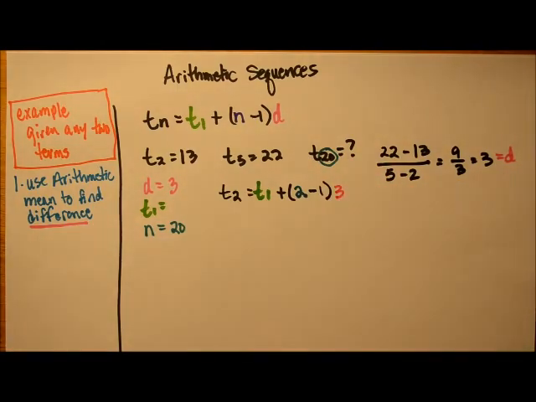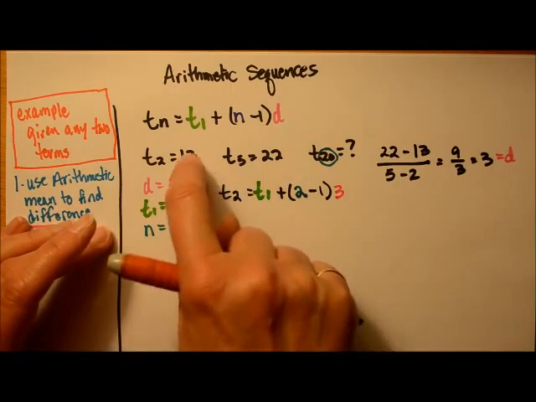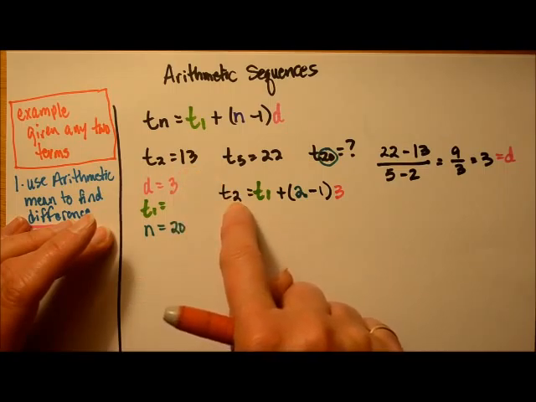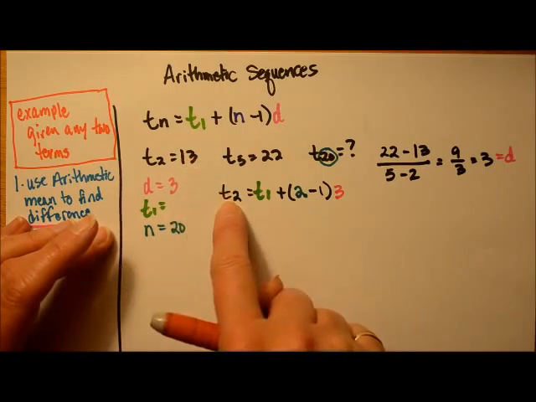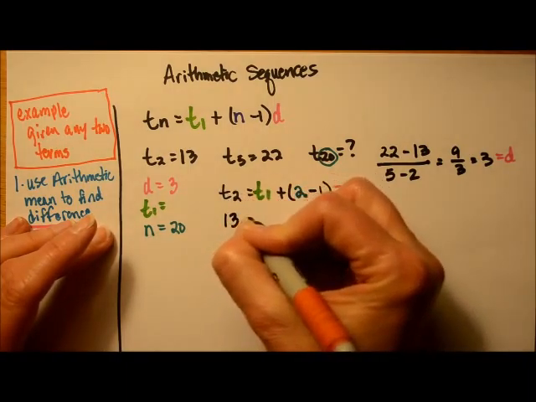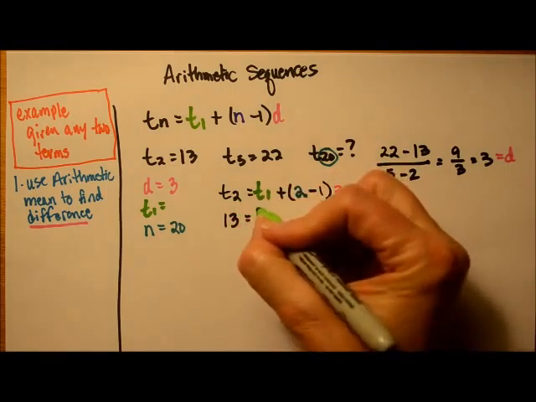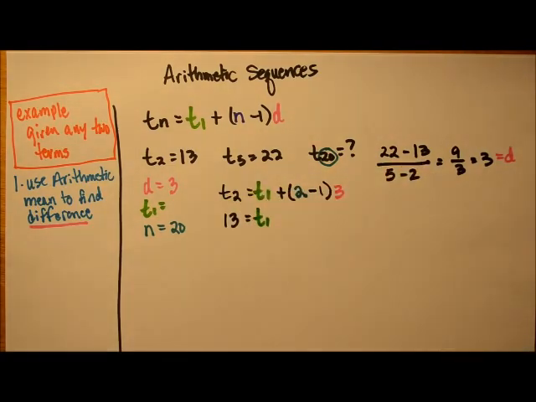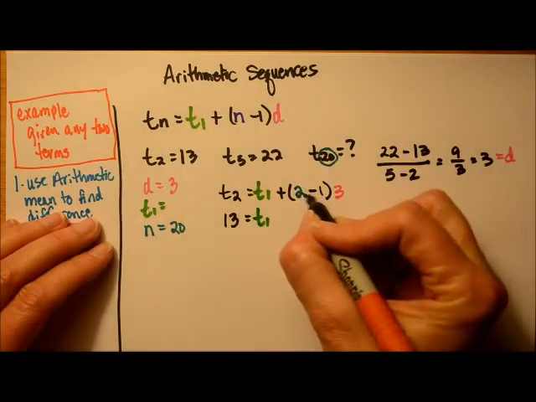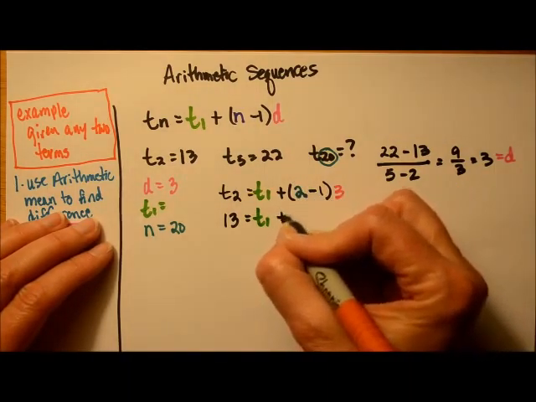Now, I already know T2. They gave me a number for T2. It's 13. So I'm just going to substitute 13 for T2. So I'm going to have 13 equals T1, which is what I'm solving for. 2 minus 1 is 1 times 3 is 3.